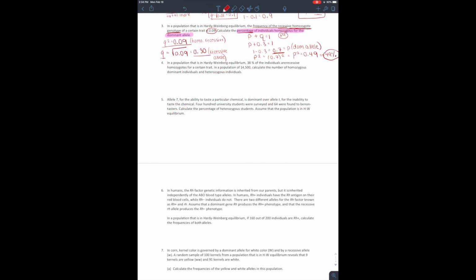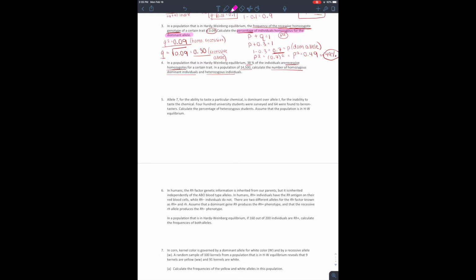All right, let's keep it moving with number 4. In a population that is in Hardy-Weinberg equilibrium, 38% of the individuals are recessive homozygotes for a certain trait. In a population of 14,500, calculate the number of homozygous dominant individuals and heterozygous individuals. So this one's different. We're not calculating percentages.